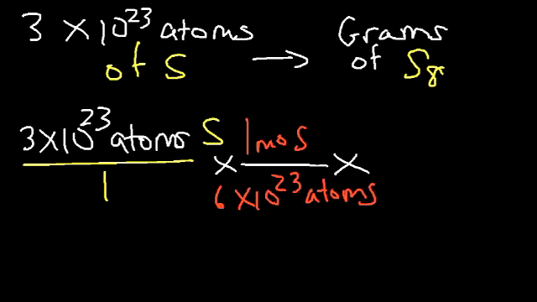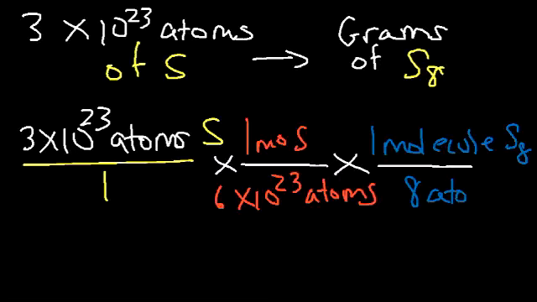Now from here, when we change the substance, we can convert from atoms of sulfur to molecules of S8, because S8 is a molecule. So we know that 1 molecule of S8 is equal to 8 atoms of sulfur, because 1 molecule has 8 atoms of sulfur.